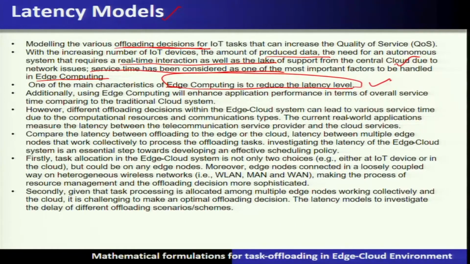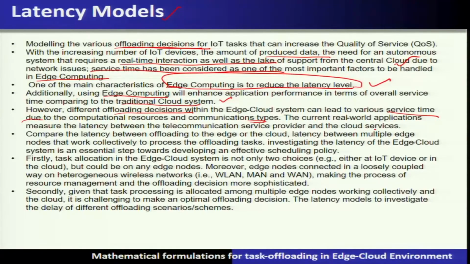So, this is the important driving factor of edge computing, and therefore, we are discussing this architecture and the resource allocation and task offloading strategies. Edge computing will enhance the application performance of the overall service time compared to the traditional cloud system. Now, different offloading decisions within the edge cloud system can lead to various service times due to the computational resources and communication types.